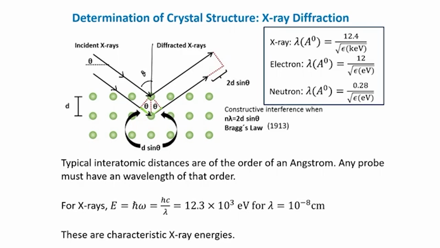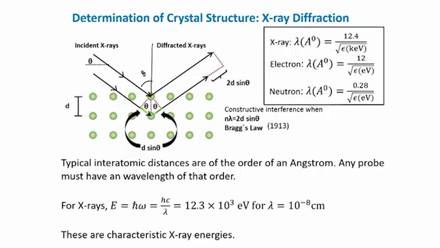So, if 2d sin theta matches n lambda, where n is a certain order, n can be 1 or 2, n is just an integer, then this constructive interference will give a peak in the output. We are just going to see that, and this is known as Bragg's law. Bragg actually found it in 1913.